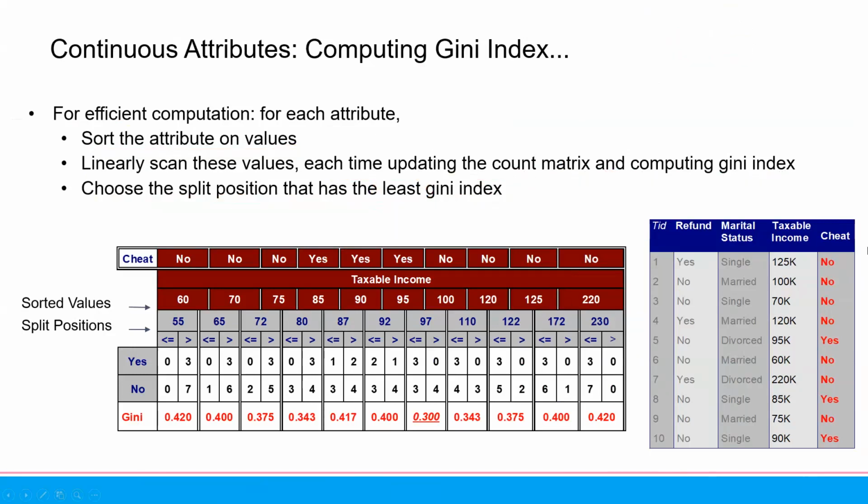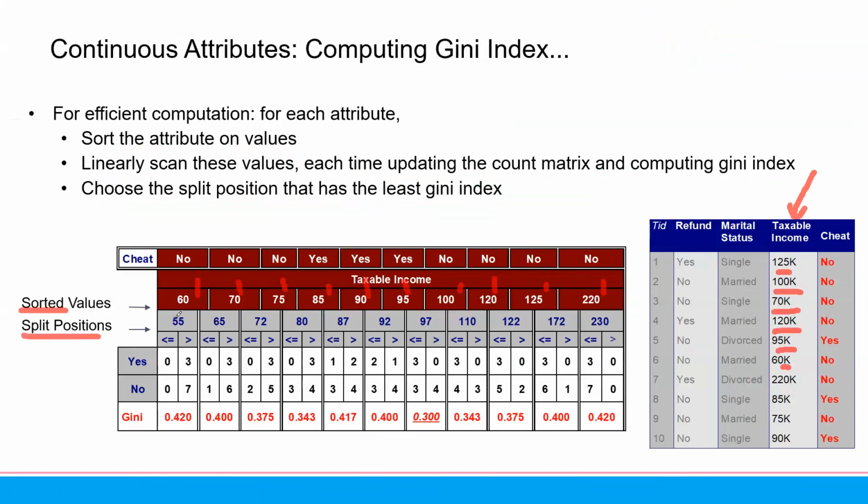So for example, I have the data, taxable income: 125K, 100K, 70, 120, and so on. So we will do the sorting. We sort the values: 60, 70, 75, 85, 90, 95, 100, 120, 125, and 220. So I will check the first split position.